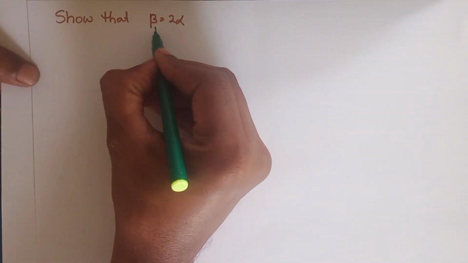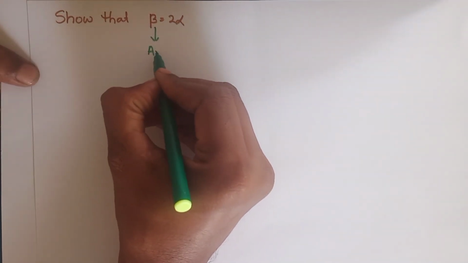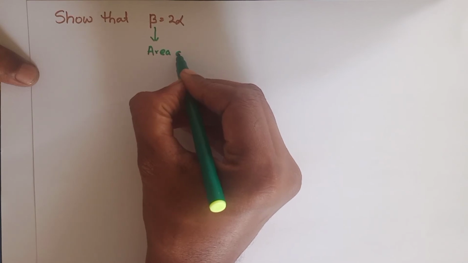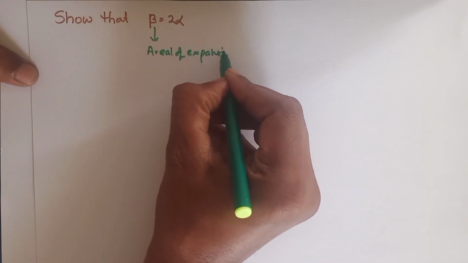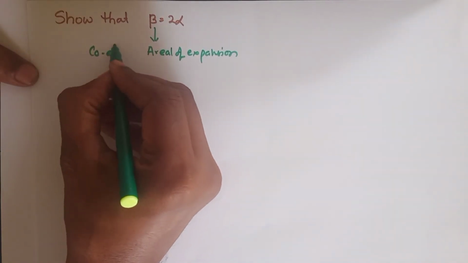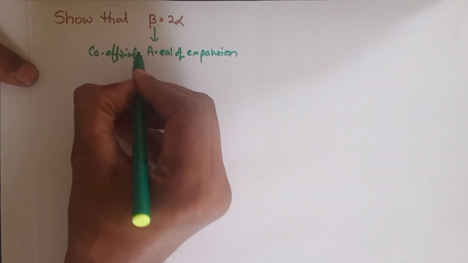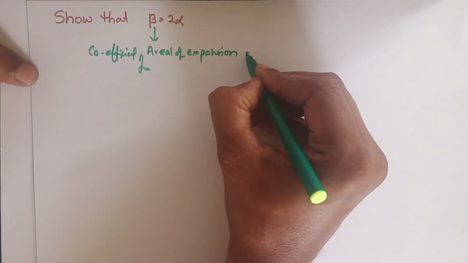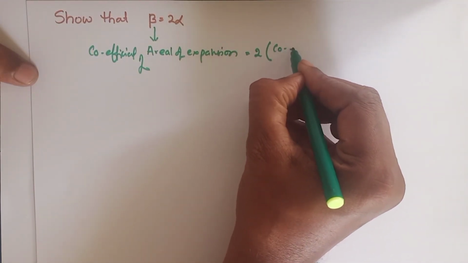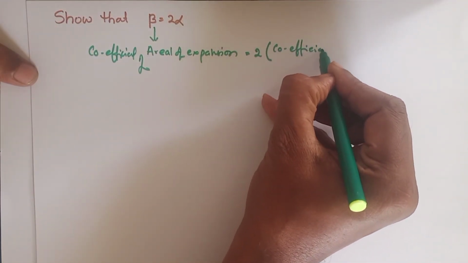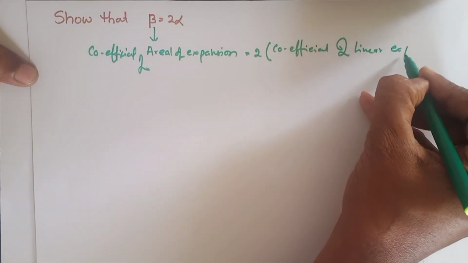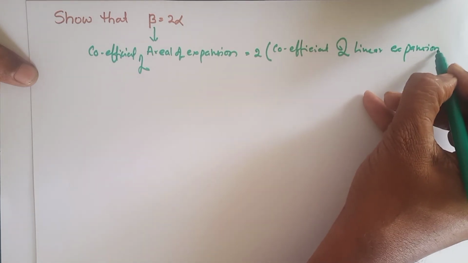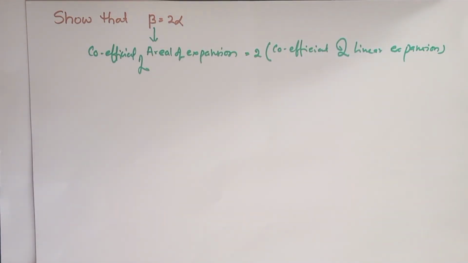Now, the coefficient of areal expansion is equal to 2 times the coefficient of linear expansion. We have to prove it.